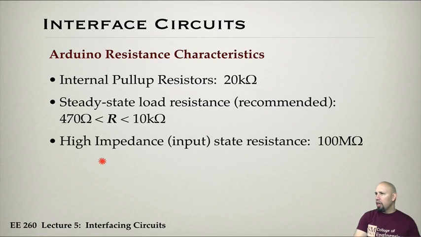Here we see we have a very high input impedance, or high input state resistance, 100 mega ohms. So that's really good. If, for example, on an analog input, you hook an analog circuit up to this, then this will not do much loading. So that's a really good characteristic that they have built into the Arduino.